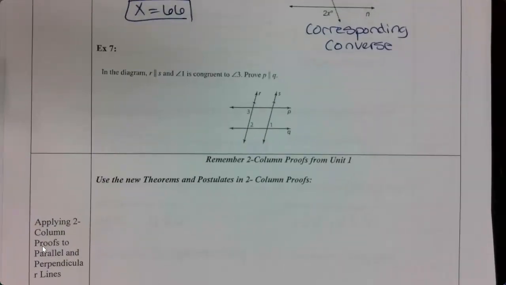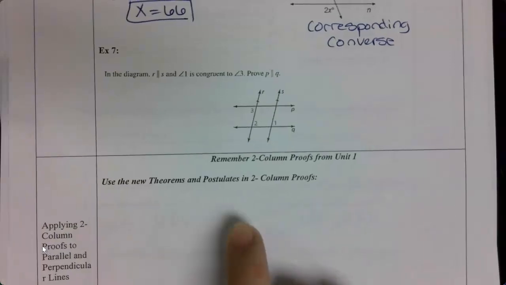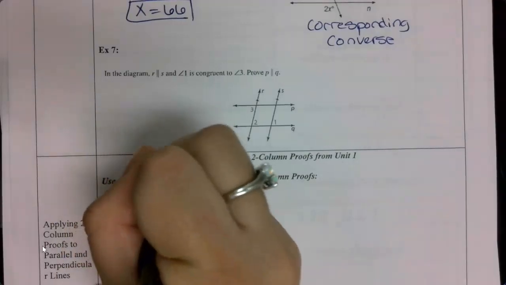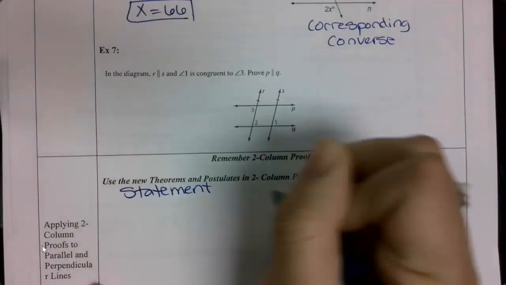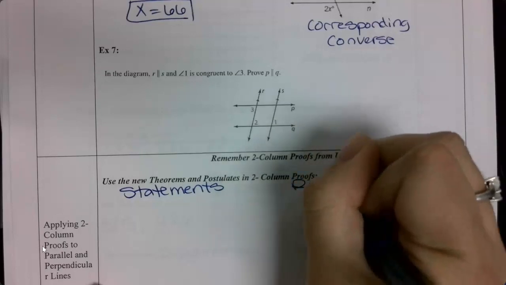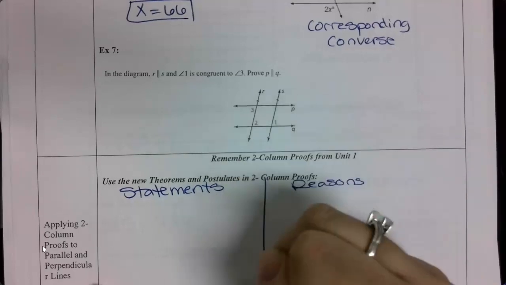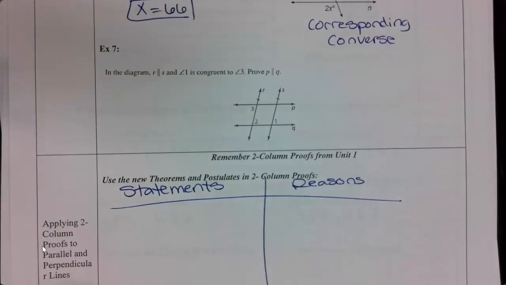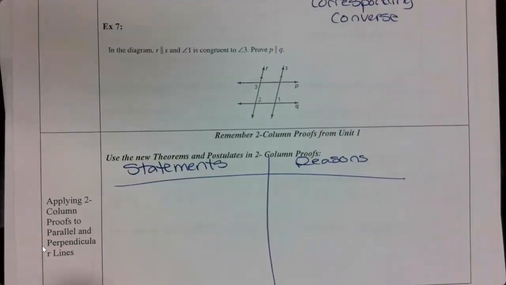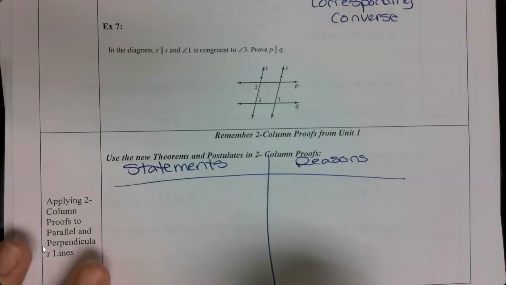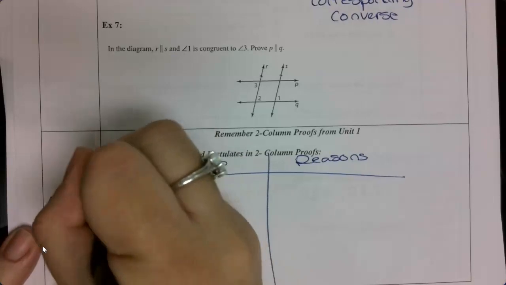Okay, so number 7 gives me this diagram and wants me to prove that P and Q are parallel. We're going to do the proof down here. So remember, 2-column proofs have my statements on the left and my reasons on the right. Okay, so number 7 gives me the diagram. R is parallel to S, and 1 is congruent to 3. So that's going to be my first statement.